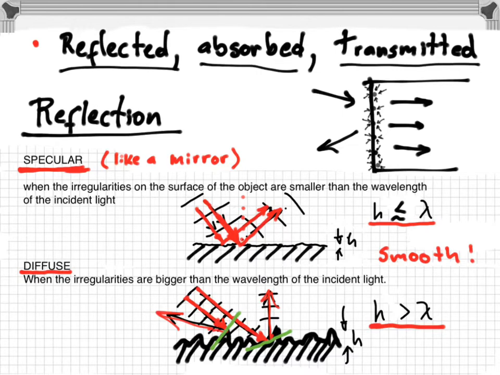So in diffuse reflection, because the surface is so irregular, it is impossible to predict in which direction any individual light ray is going to bounce off the surface. This is the kind of reflection that you have off any surface that is not shiny. Any object that is not shiny, if you look around, all of these objects are reflecting light in a diffuse way.